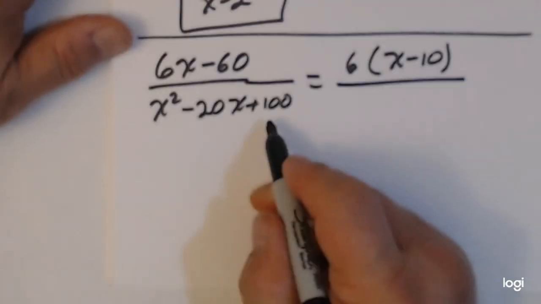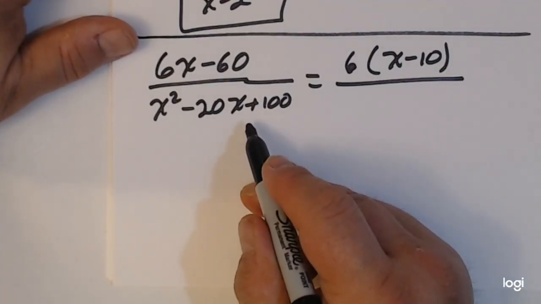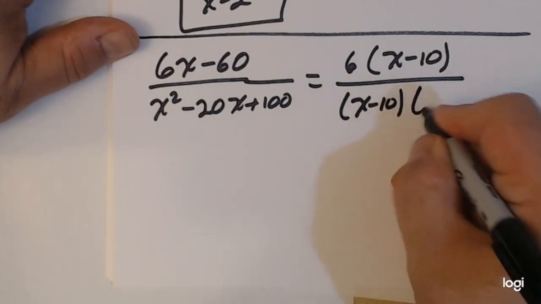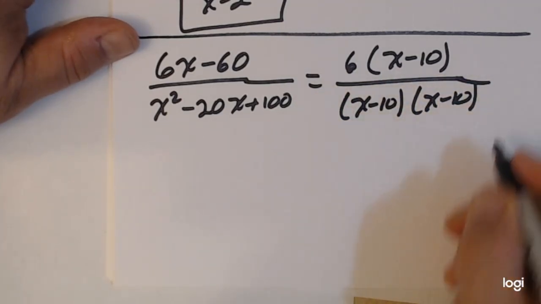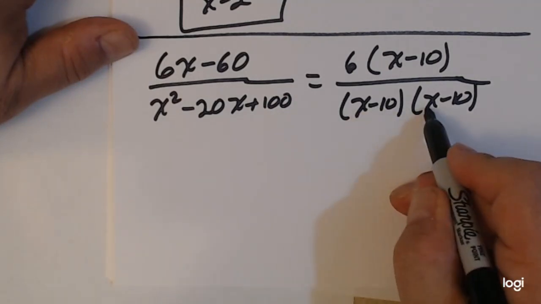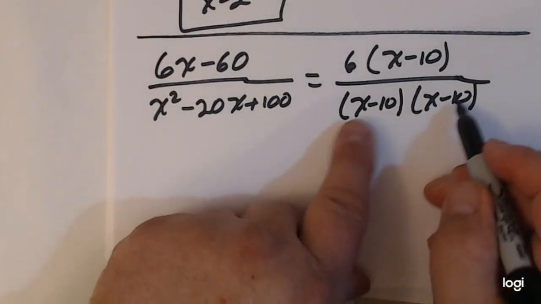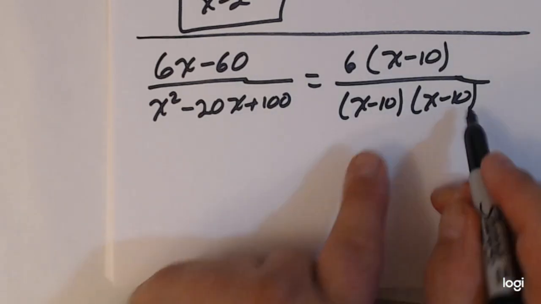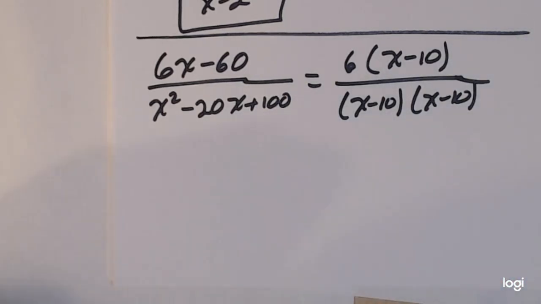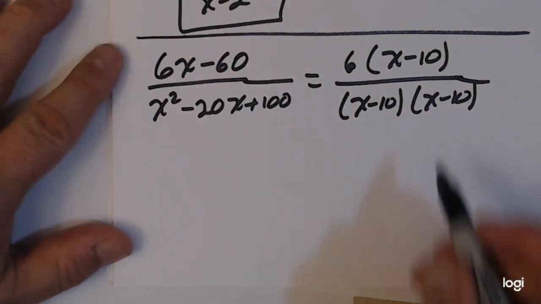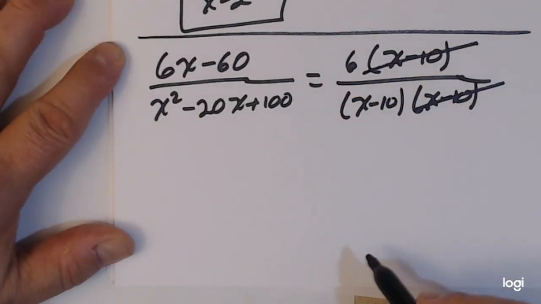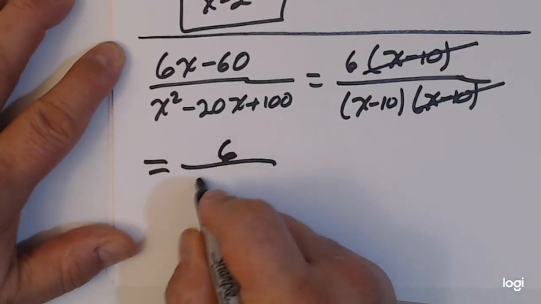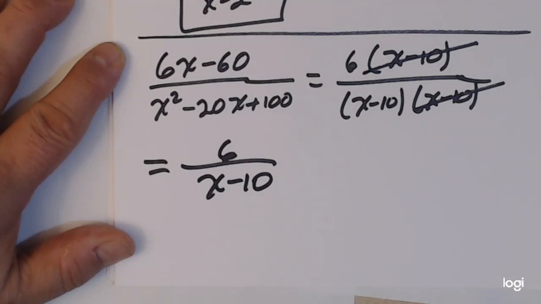And in the denominator, well, that's a square, x minus 10 squared. So it's x minus 10 times x minus 10. Take a look. X times x, x squared. Minus 10x minus 10x minus 20x. Minus 10 times minus 10 plus 100. So what do we have? The x minus 10s cancel, and that leaves us with 6 over x minus 10.